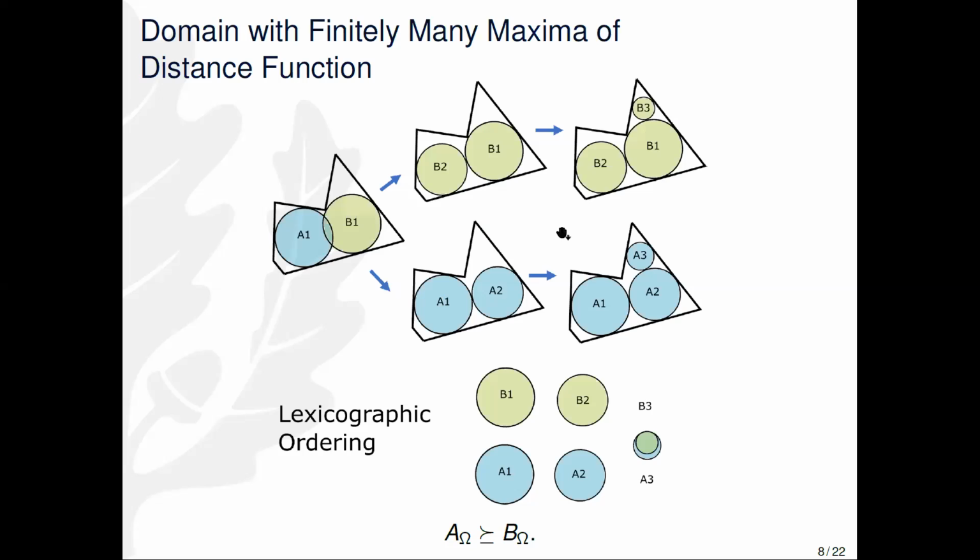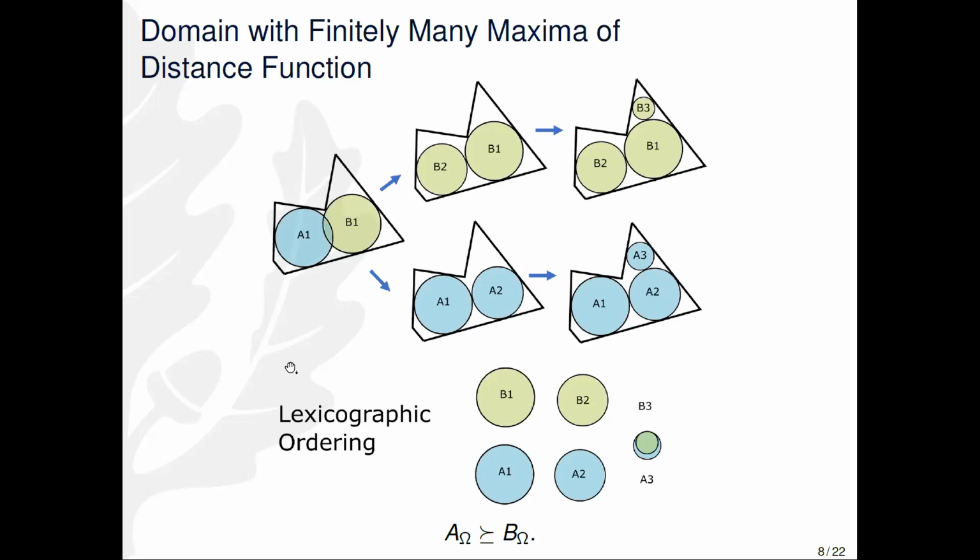In some other cases, we might have multiple maxima of the distance function for the domain. Like in this case, the domain has two maxima for its distance function, and consequently we will end up with two decompositions. So now we need a standard to choose a unique decomposition if we have multiple choices.